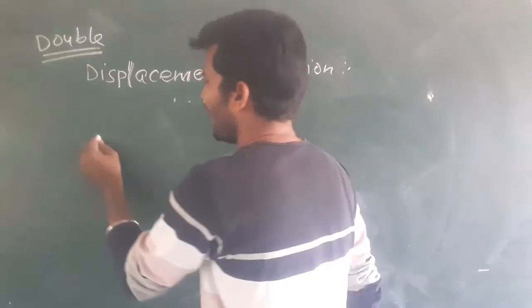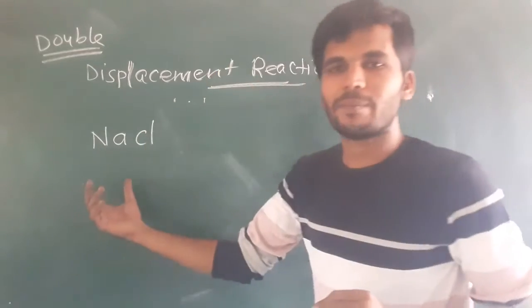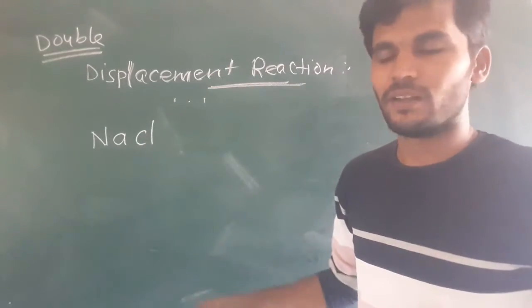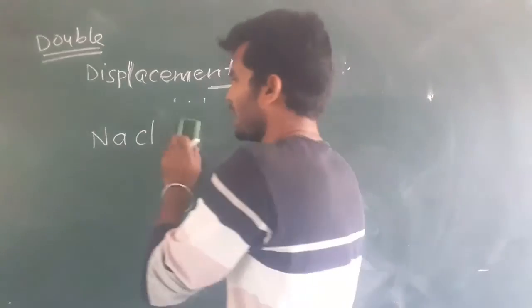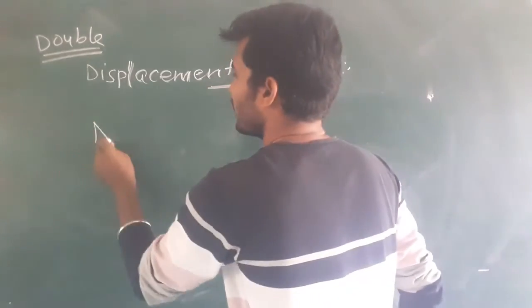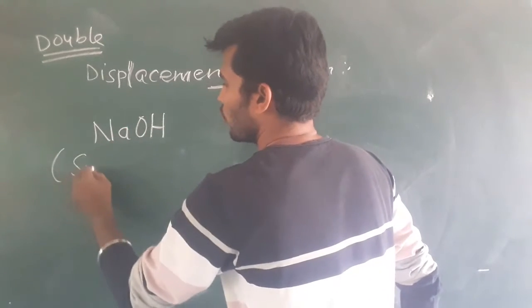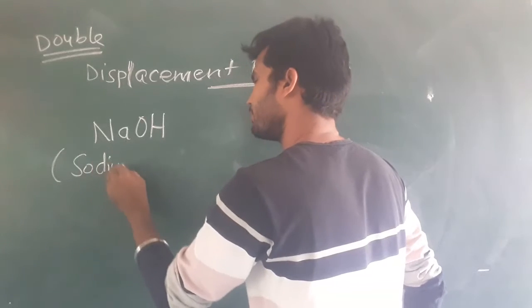For an example, I have the solution NaCl. NaCl मतलब sodium chloride. So basically I will start with something else. Suppose I have NaOH. This is called sodium hydroxide.